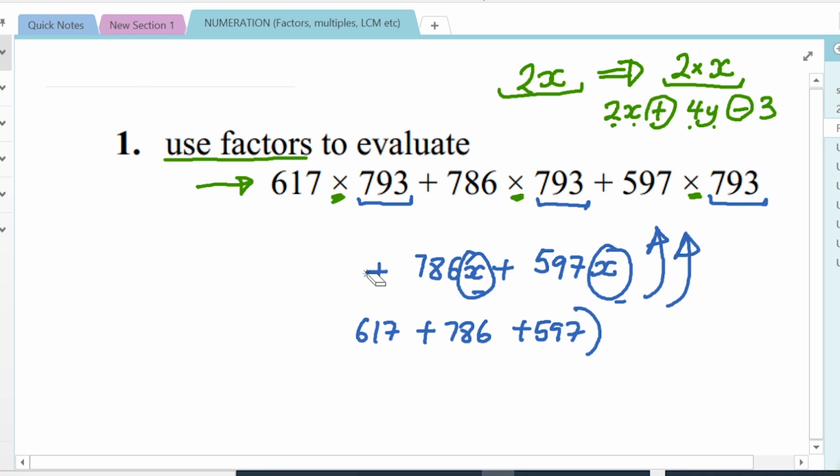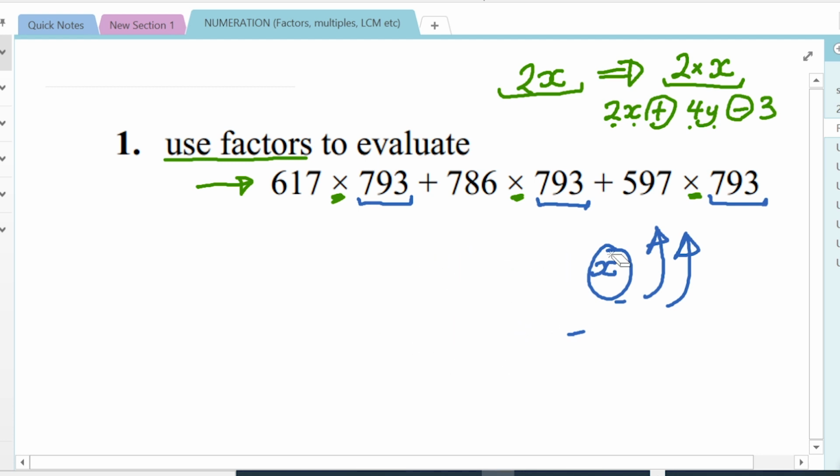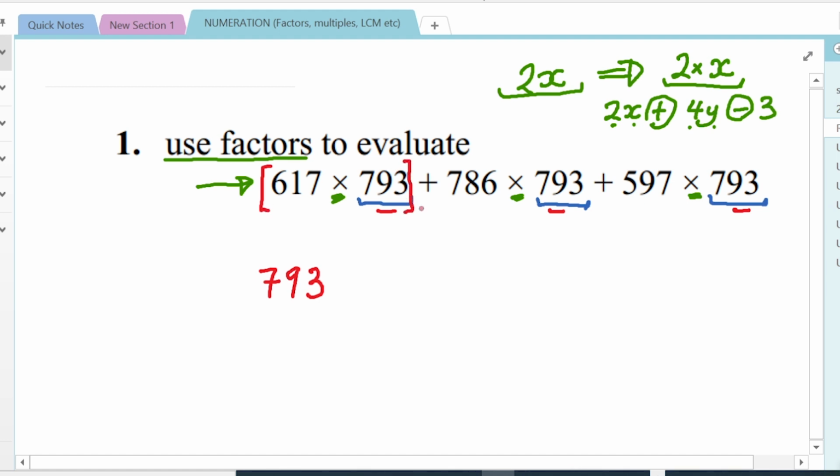Since I have broken it down, now let's do the number the way it should be. You are able to see that we have 793 as common all through. So we put 793 outside the brackets. This is one number on its own, plus this on its own, plus that on its own.